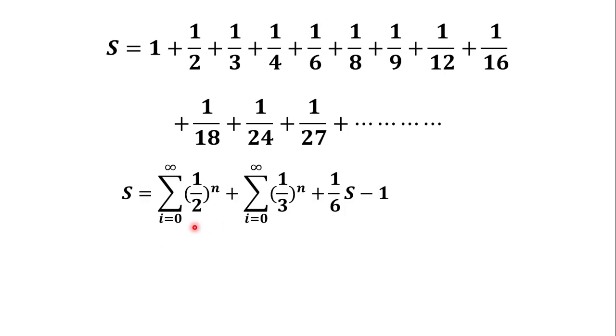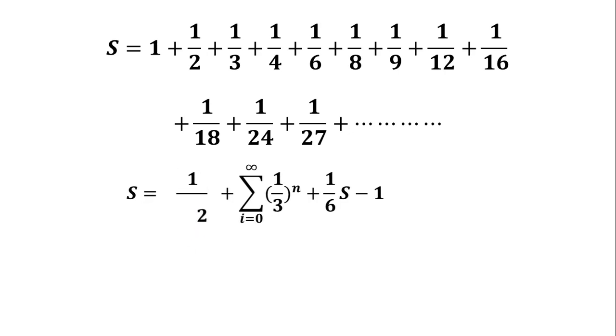This infinite series has a numerical sum because the common ratio is 1/2, which is less than 1 and greater than -1. So we can say this series is a convergent series, and the sum is equal to the first term over 1 minus the common ratio, 1 over 1 minus 1/2.